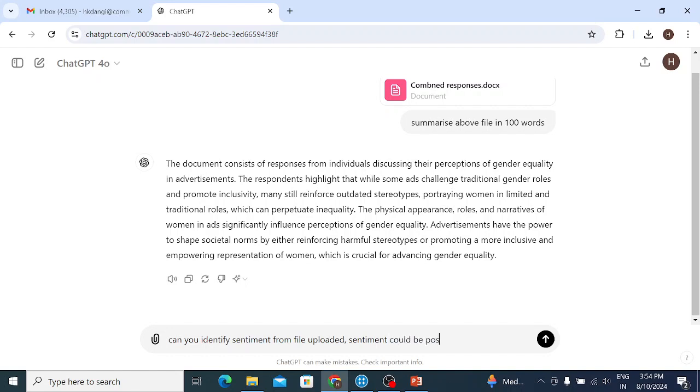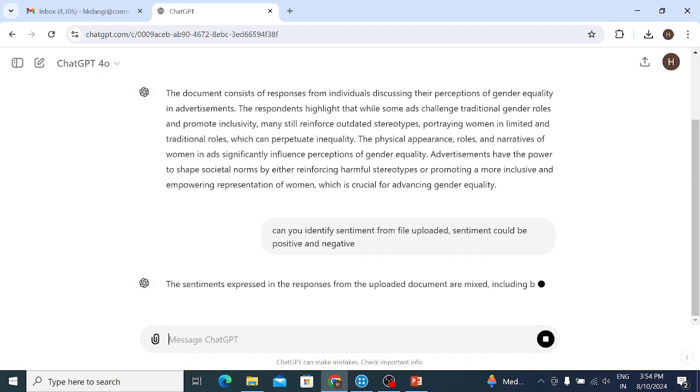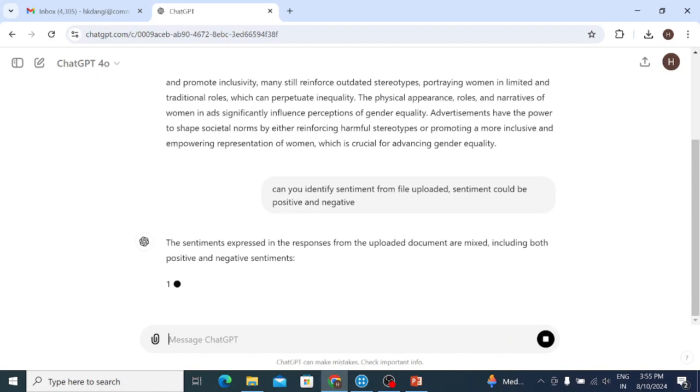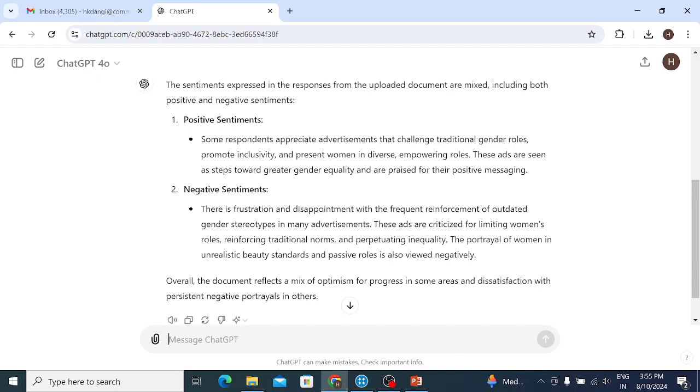Could be, let's say I want positive, negative per se, right? Positive and negative. You can prompt it for neutral also, that's not a problem. So these have been summarized, that what are the positive sentiments of the text and what are the negative sentiments.